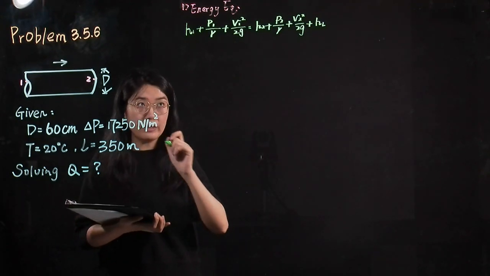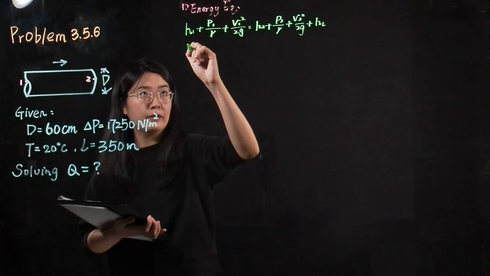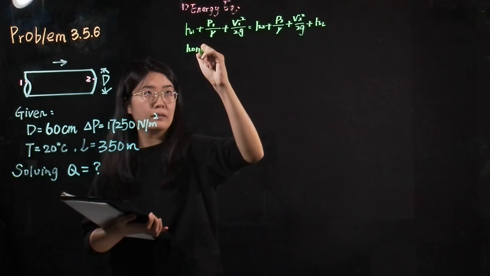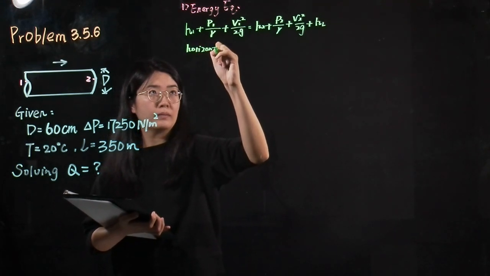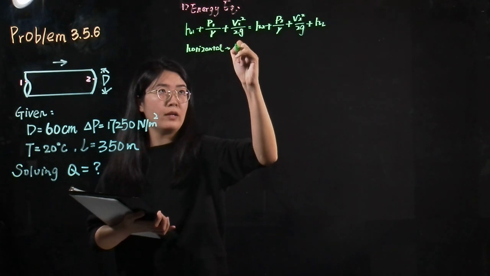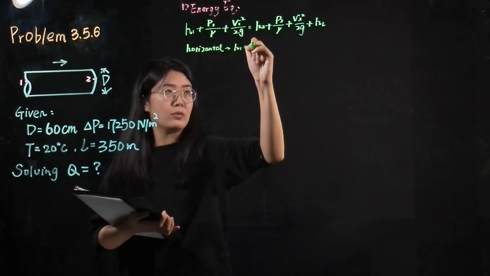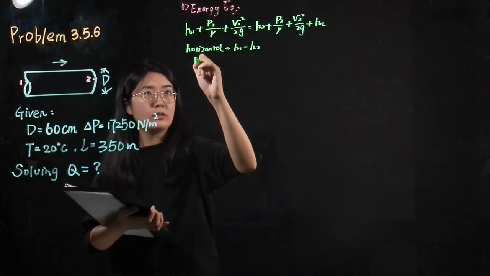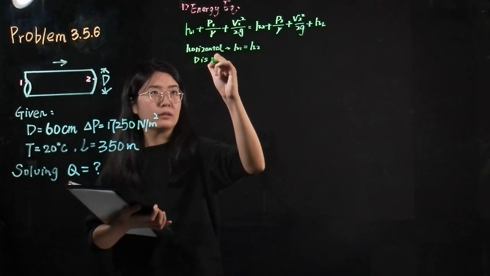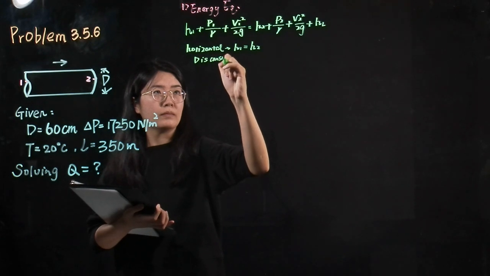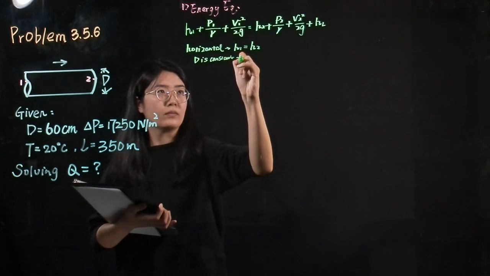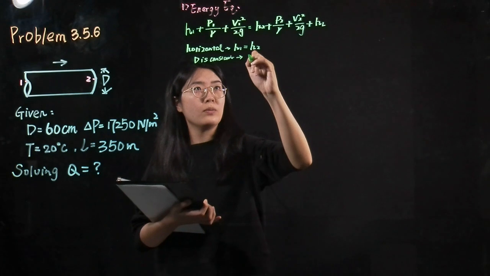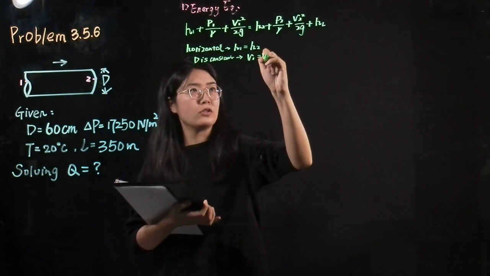Because it is a horizontal pipeline, H1 is equal to H2. Because the diameter is constant, V1 is equal to V2.